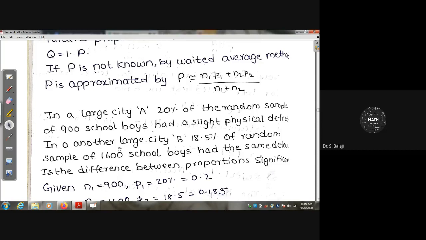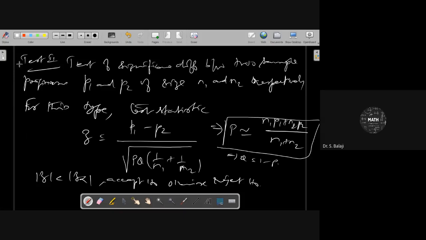Similarly, for city B, N2 is 1,600 and P2 is 18.5%. Therefore, we will first list all the data given here.